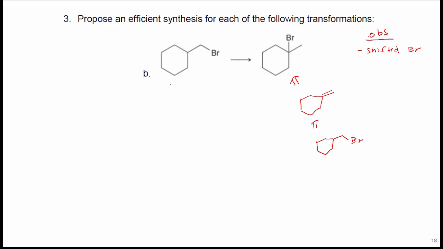So if we're going in the forward direction, in order to get to this intermediate A, I need to use a base. And in this case, you can use any base because it is on the end, but I'll just use sodium hydride as my base.